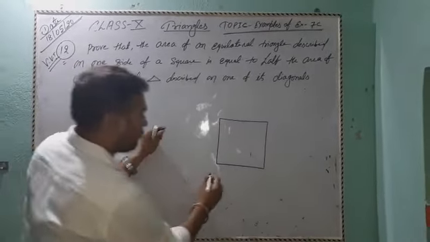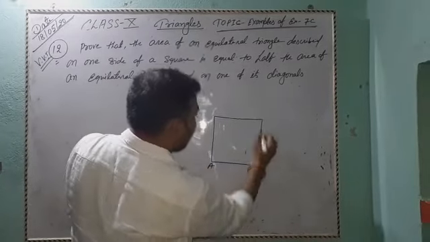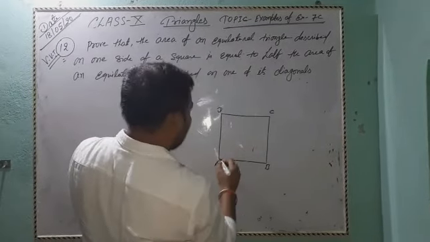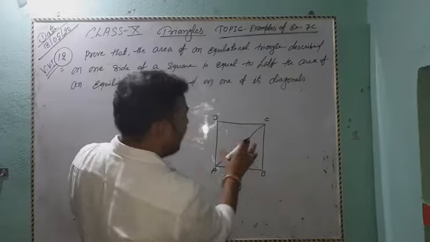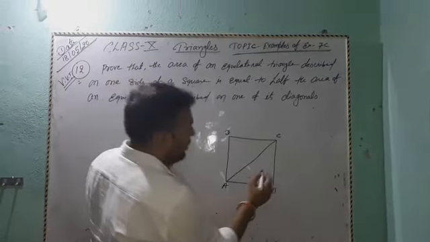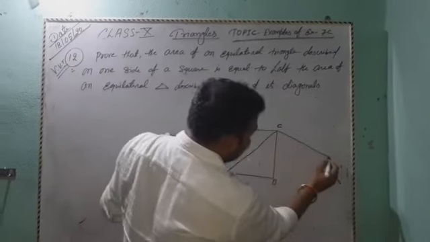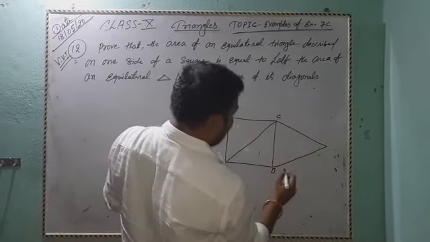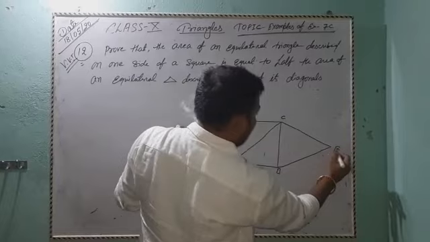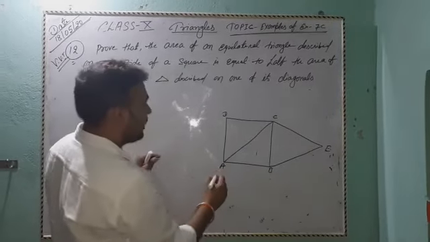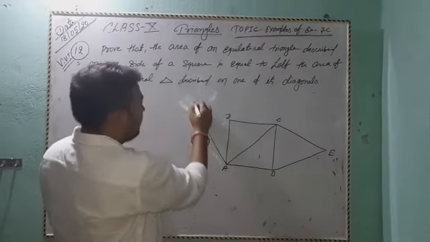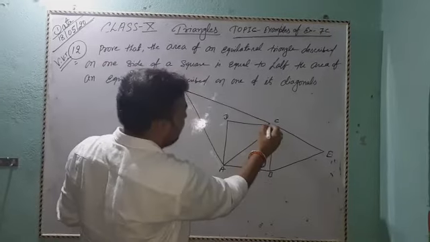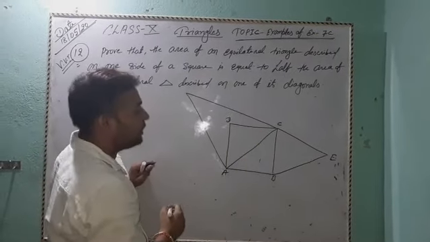ABCD is a square. AC is the diagonal of the square ABCD, and one equilateral triangle is described on the side of the square, and one is described on the diagonal of the square.